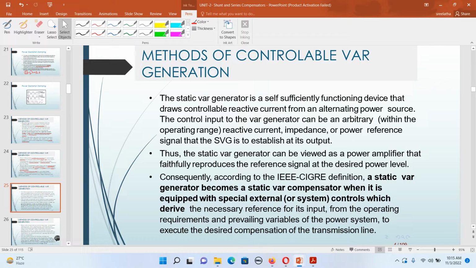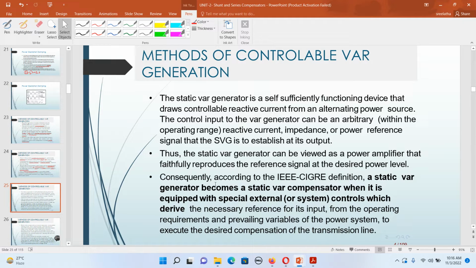Based on some reference signal, how much you have to control is taken care of by the internal control. Thus, a static generator can be viewed as a power amplifier that faithfully reproduces the reference signal of the desired voltage.